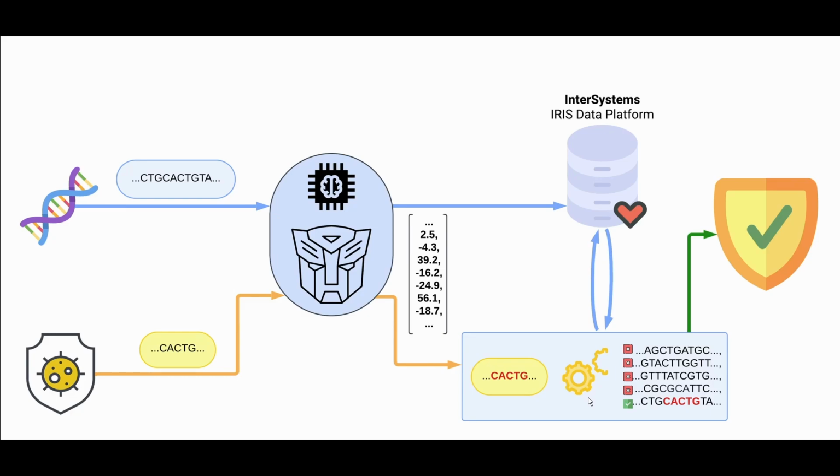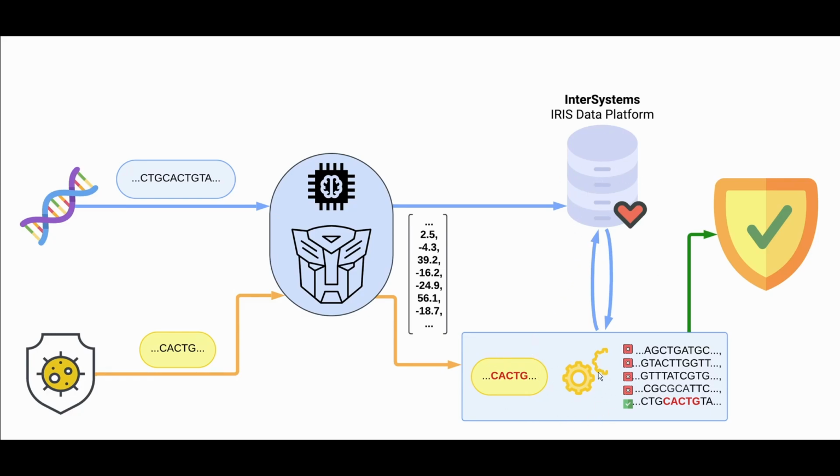But of course, a user might want to store certain antibiotics in the database, and that's also possible. It's up to the user if they want to just have it in their program and change it, because it's fairly quick to calculate the vector representation of a few genes, a few antibiotics, or store it in the database.